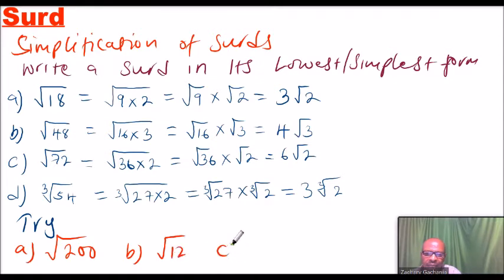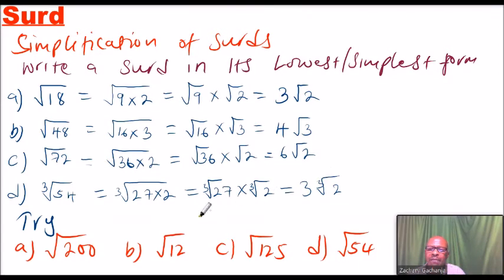We have C, the square root of 125, and we have D, the square root of 54. So you can try that and see whether you'll be able to do that. Pause the video and try to simplify these so that you check whether you have understood what we have covered in simplification of surds.